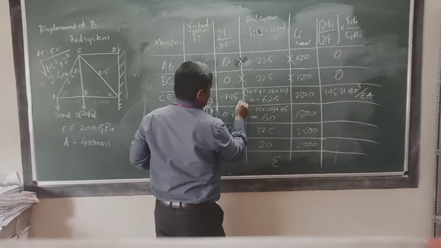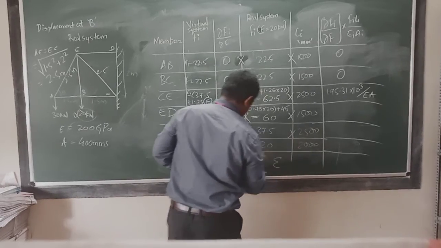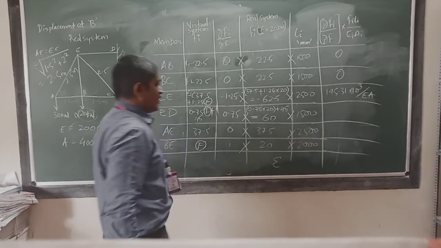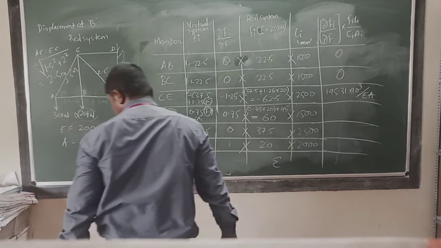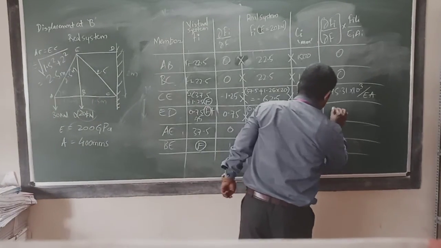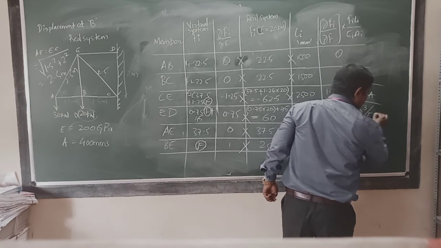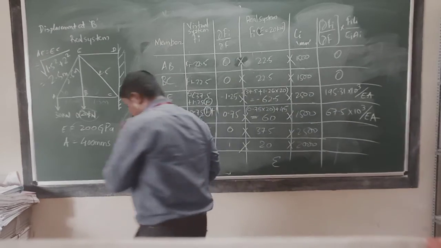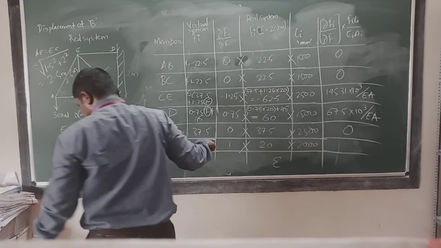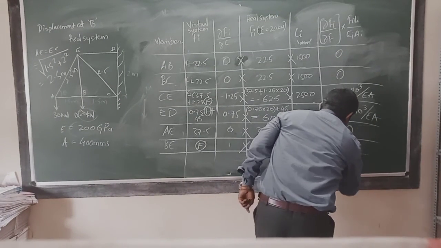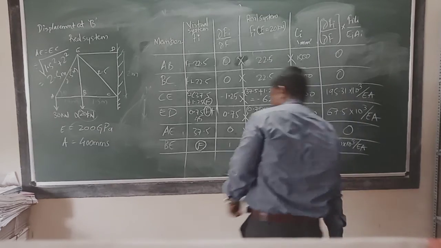I am writing here. See, multiply. This into this. This into this. This into this. Okay. Just you have to multiply those things. So next one will come 67.5 into 10 raised to 3 divided by EA. Okay. Next it will come to 0, because there is 0 here. And next it will come to 40 into 10 raised to 3 divided by EA.